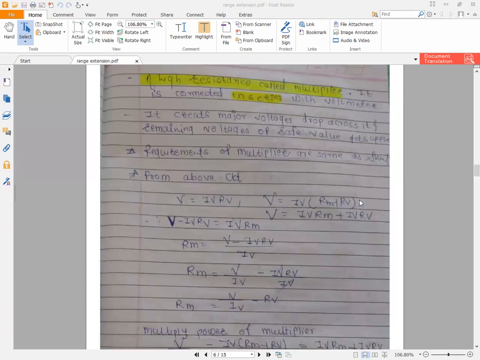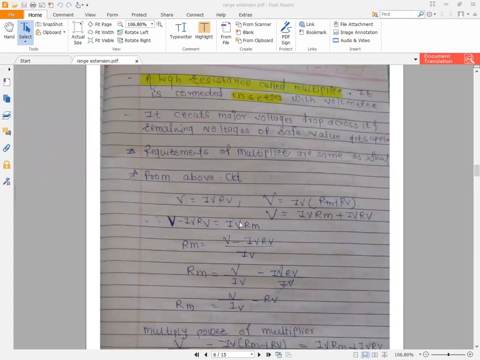So we can simplify this one. V equals Iv into Rm plus Iv into Rv. I will take this term to the left hand side. Therefore, V minus Iv Rv equals Iv into Rm. So Rm equals (V minus Iv Rv) divided by Iv.